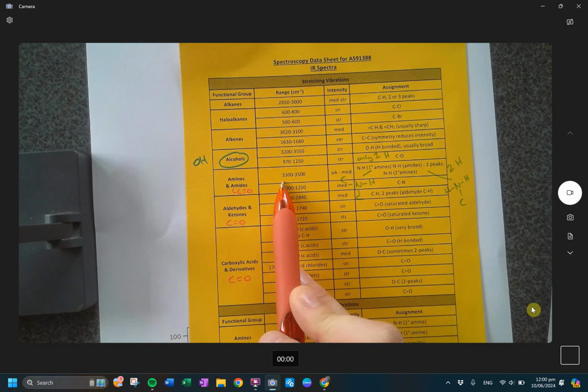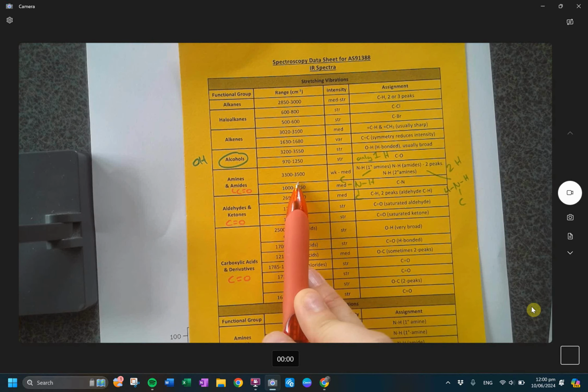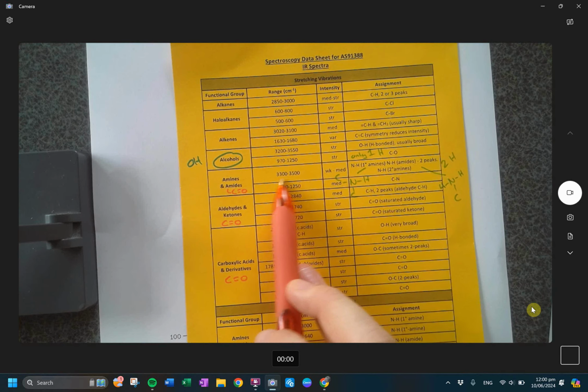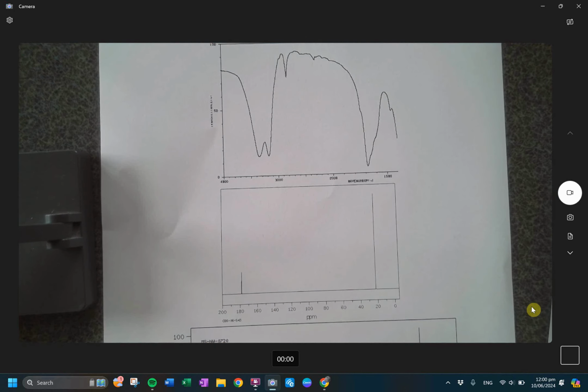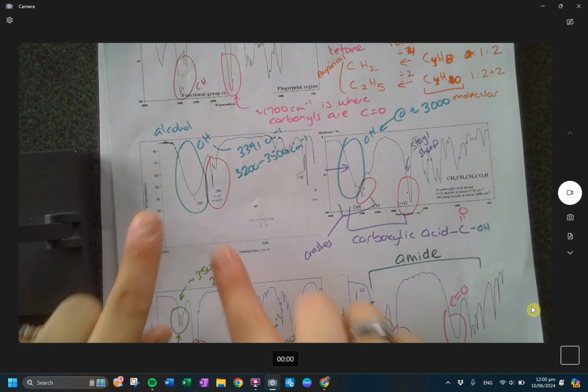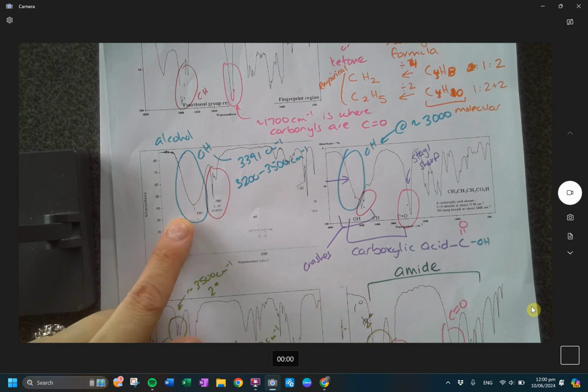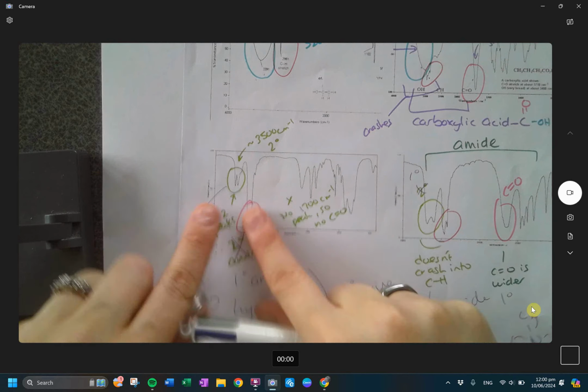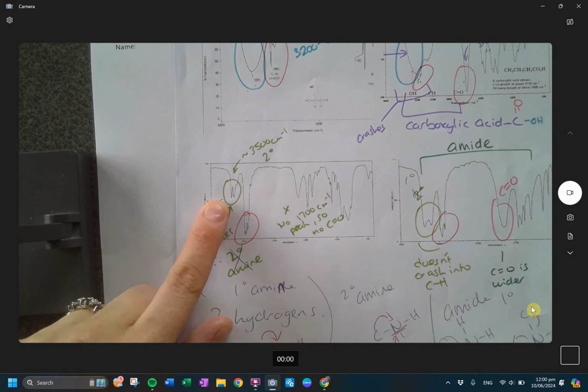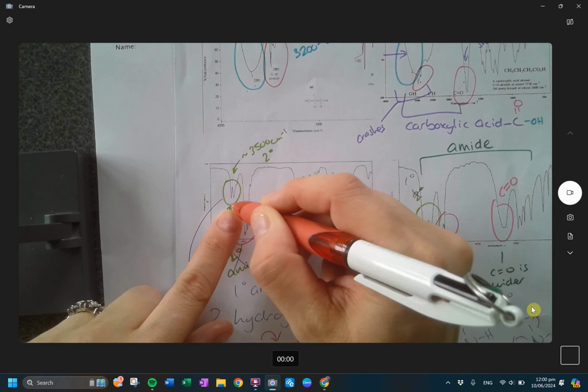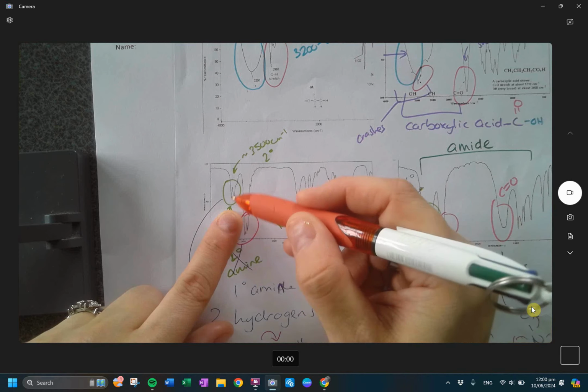So you see how it also has here that if you were having that nitrogen hydrogen peak, it would be at 3,300, 3,500. So that both are in the same ballpark region, so I need to understand what the 2 look like. So when I look at it, that's what the alcohol looks like, one giant trough. This one here is my amine, and you see how you have the double peak here, which tells me there's 2 hydrogens there. It's very short.